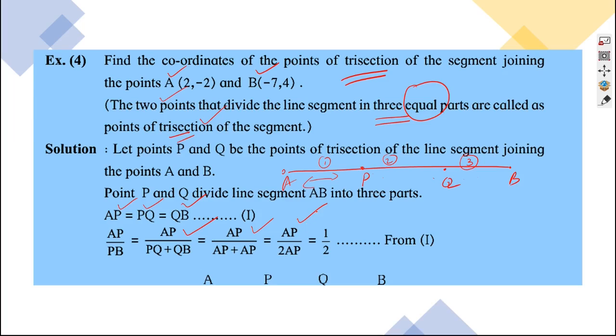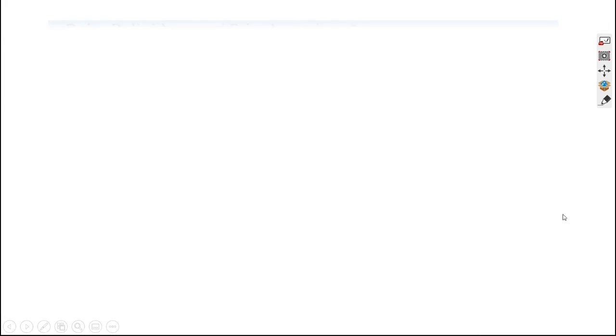It's very clear. AP upon PB will have a ratio. Let us consider this as 1 unit, 1 unit, 1 unit. The ratio of AP upon PB means 1 upon 2. Correct? So that is applicable to all the points here: AP, PQ, QB. Understood? So let us go ahead.